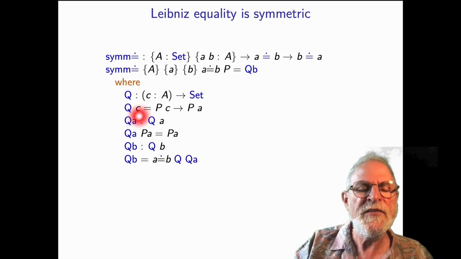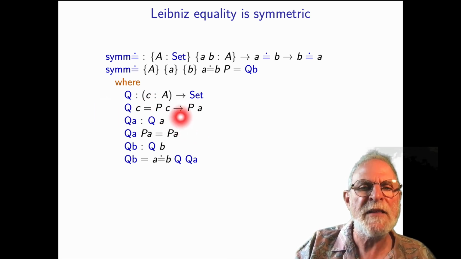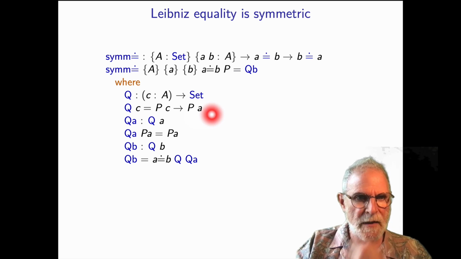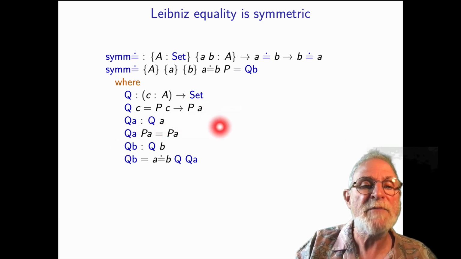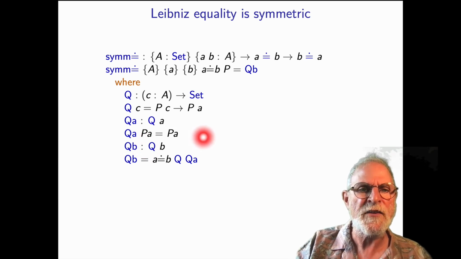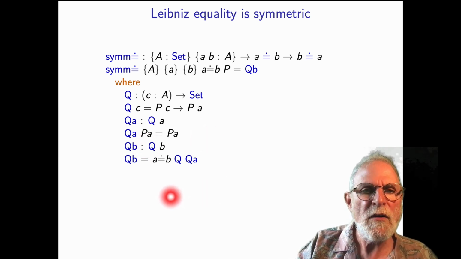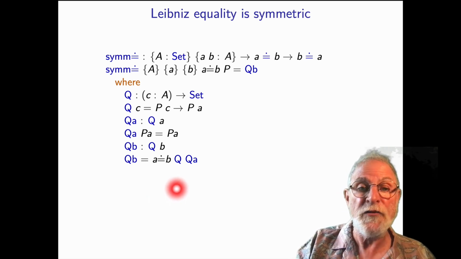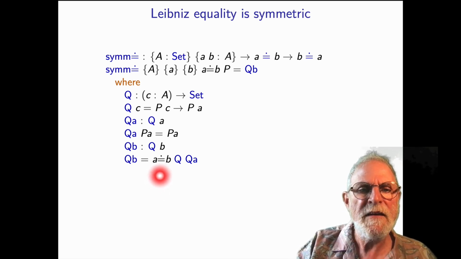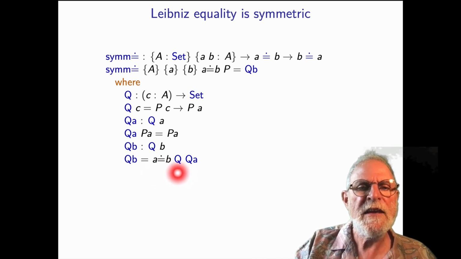So Q of C holds if P of C implies P of A. And obviously Q of A holds, right? Because that says P of A implies P of A, so that's just the identity function like before. But now we can take not just any predicate P, but any arbitrary predicate, so we can use Q, which depends on P, and then A equal B, given predicate Q, and Q of A, evidence that Q of A holds, returns something of type Q of B, evidence that Q of B holds.